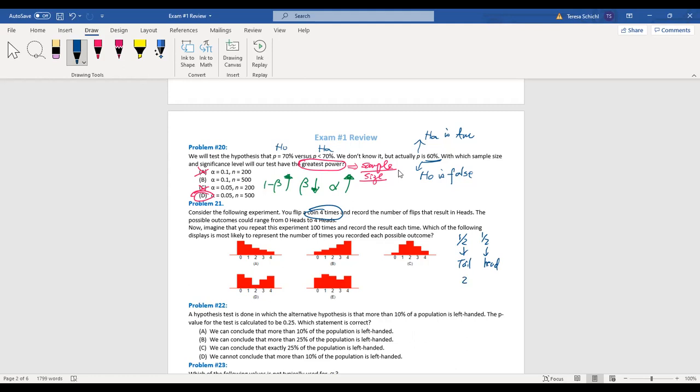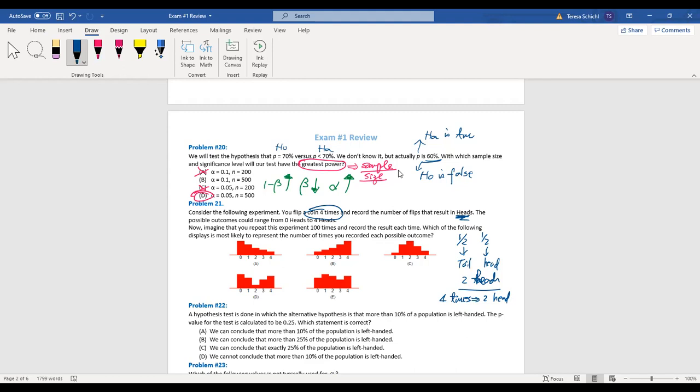So if you record the number of resulting heads, on average you will get 2 heads out of the 4 flips, right? So that is most likely to happen, because each flip has a half and half chance. Of course, sometimes you will get 1 head and 3 tails.